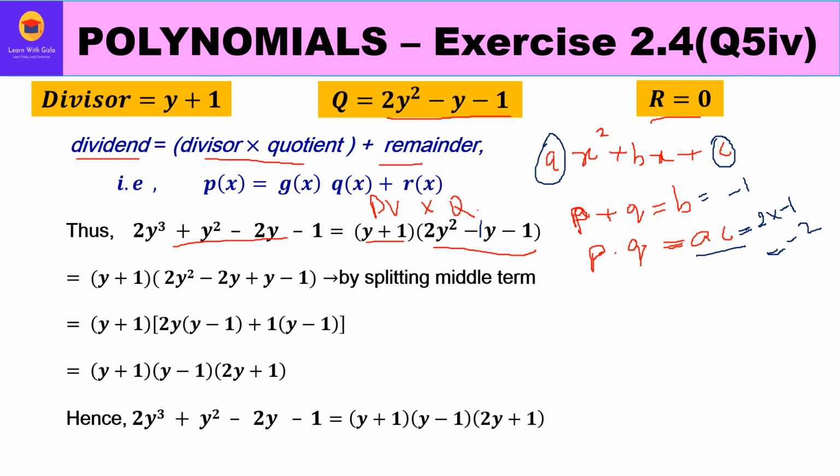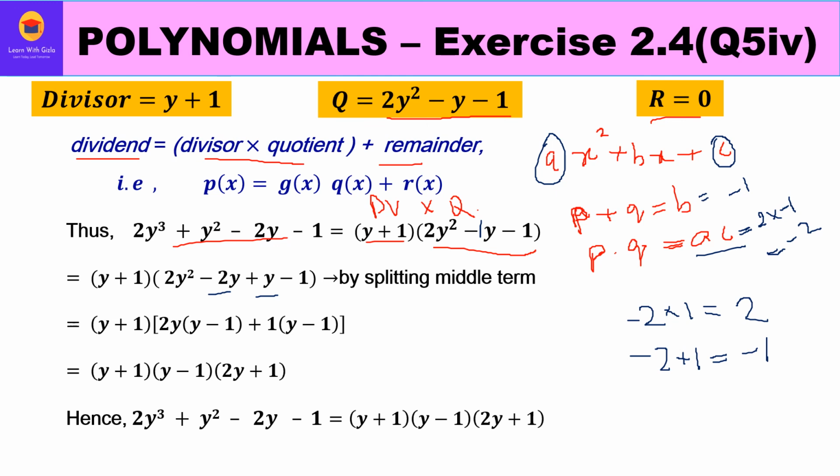So the product is minus 2, so we can take the factors of 2 as 2 into 1, and since we want minus 2, we can have minus 2 into 1. We can check also that their sum is coming minus 1. Yes, their sum is also coming minus 1. So p is minus 2 and q is plus 1. This is how we have split the middle term into minus 2y and plus y.